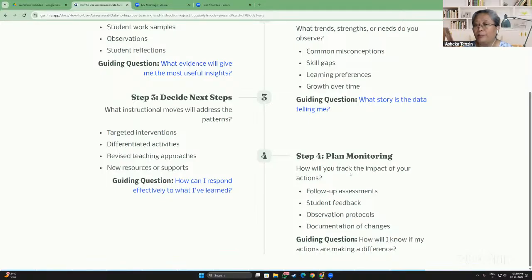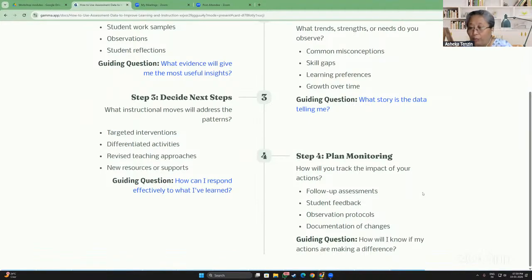And last is about planning monitoring. How will you track the impact of the actions? And because you have made these changes in step 3, how are you going to track it? How will you track the impact? Because of these, there has been improvement in your students. There has been progress in your student learning.